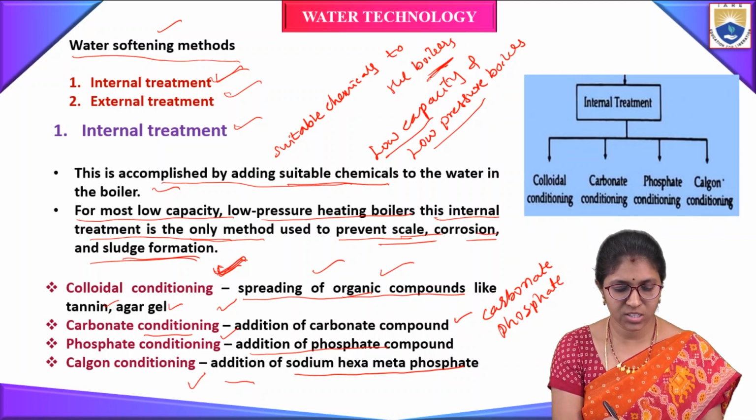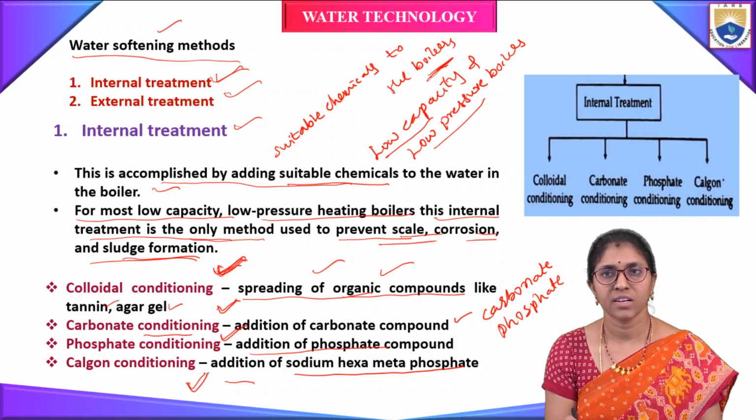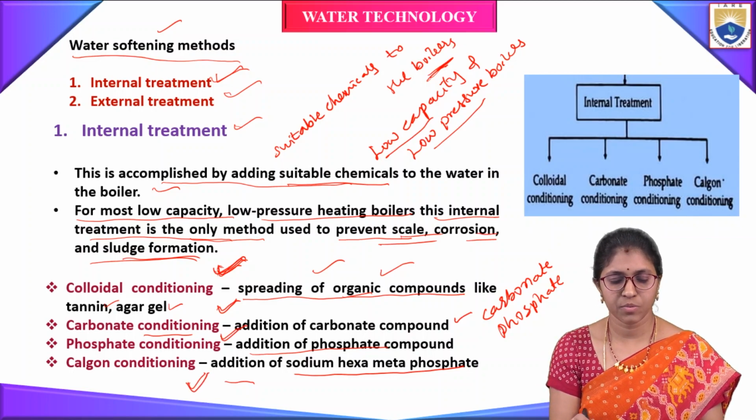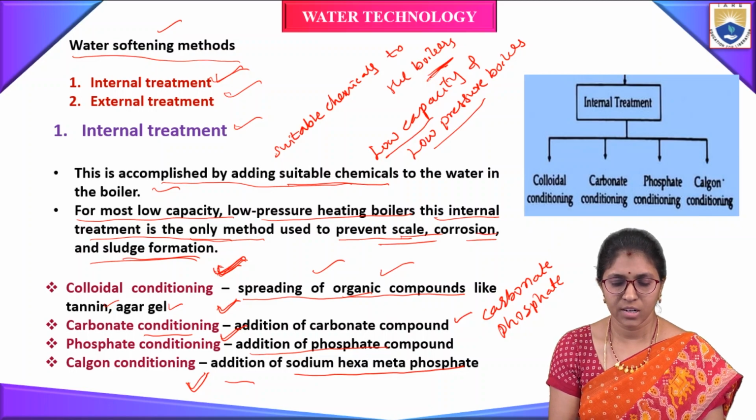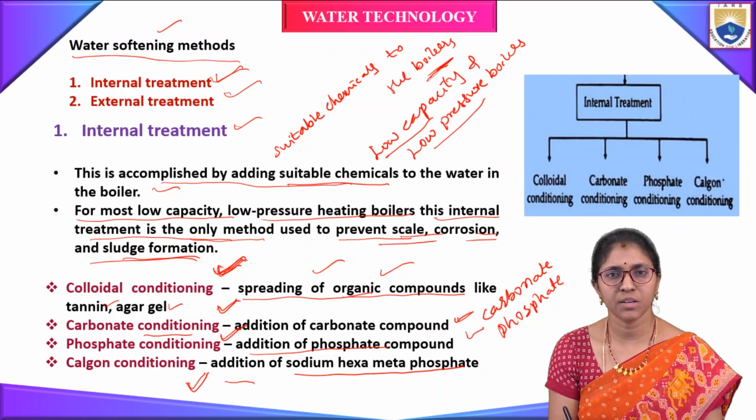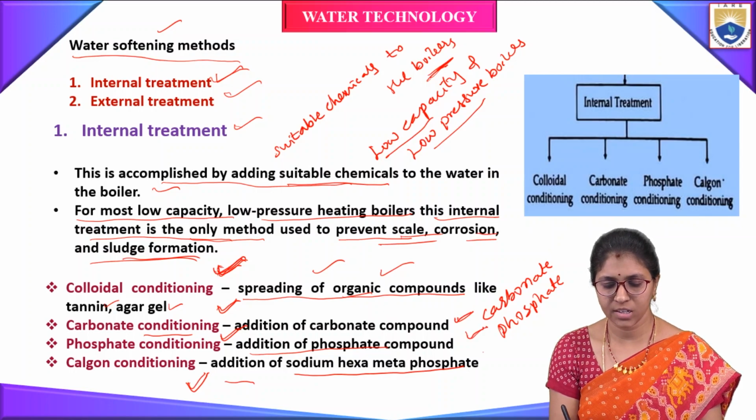So, colloidal conditioning adds organic compounds like tannin and agar gel; carbonate conditioning adds a carbonate compound; phosphate conditioning adds a phosphate compound; and colgon conditioning adds sodium hexametaphosphate.